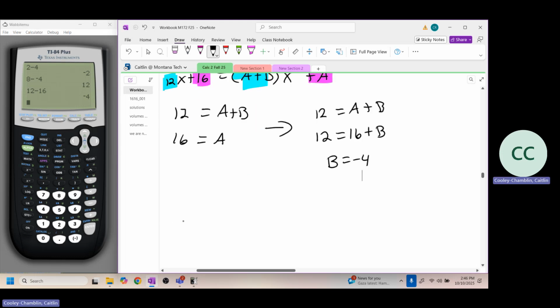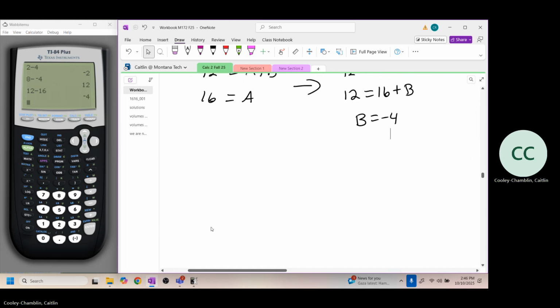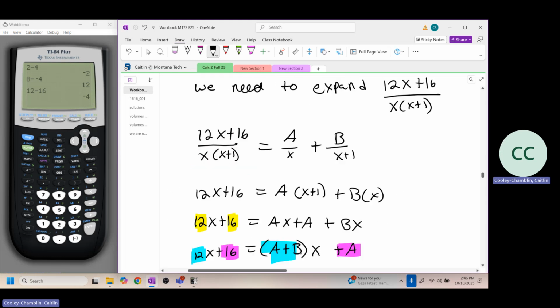All right. So, therefore, the integral of 4x cubed plus 8x plus 16 over x squared plus x. I want to make sure that's 16.